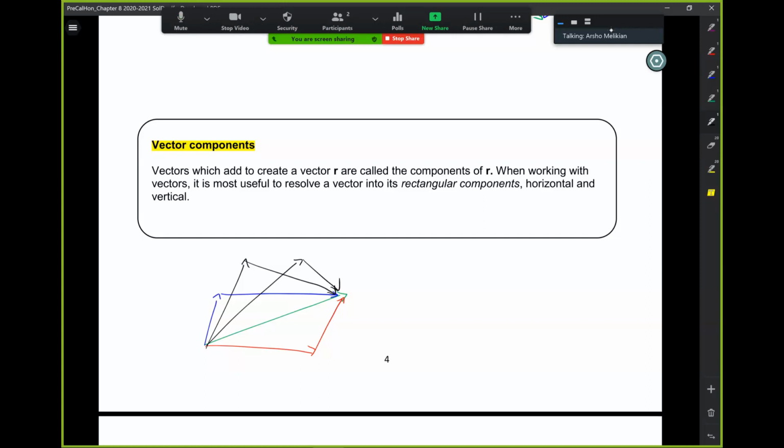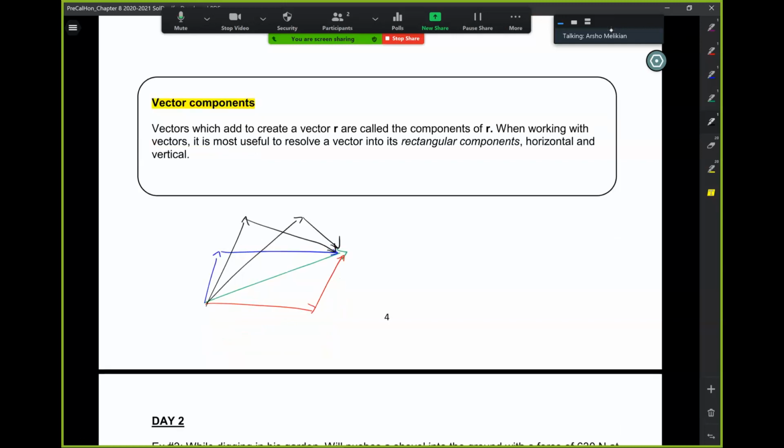So now, there are an infinite number of possibilities. But there is one pair of vectors that are the VIP among the infinite possibilities. Somebody else might come and say, look, I can do a purely horizontal one, and a purely vertical one, and create a right triangle.